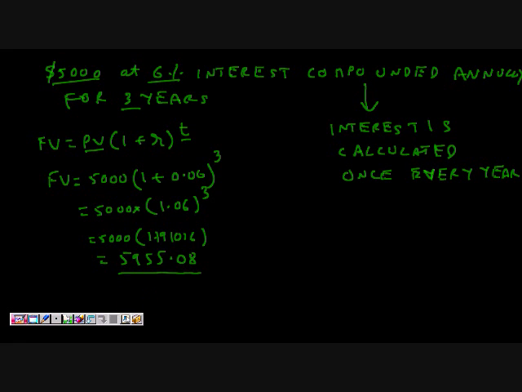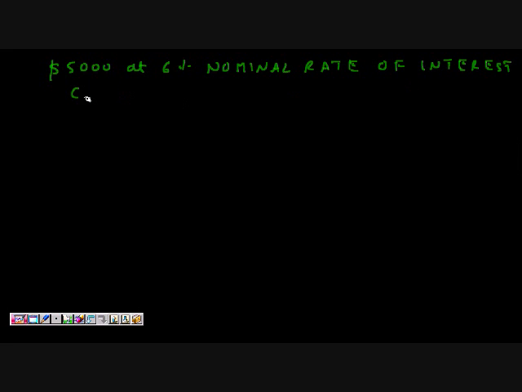You're given $5,000 at 6% nominal rate of interest, compounded semi-annually, for 3 years.